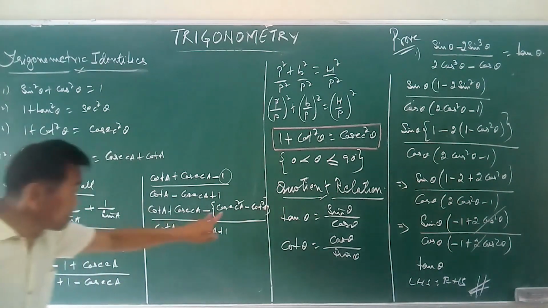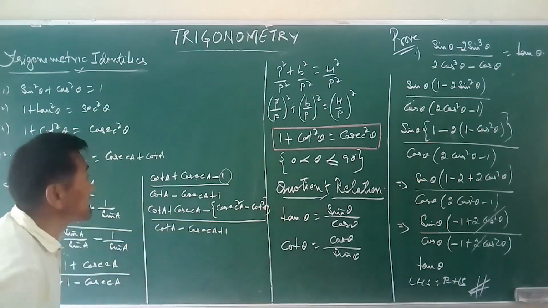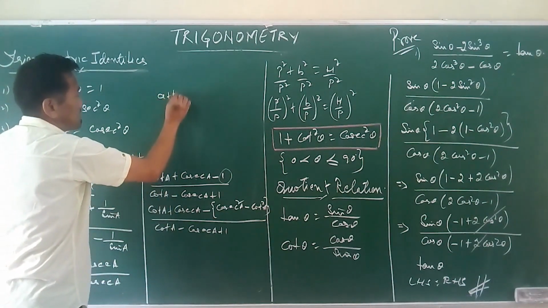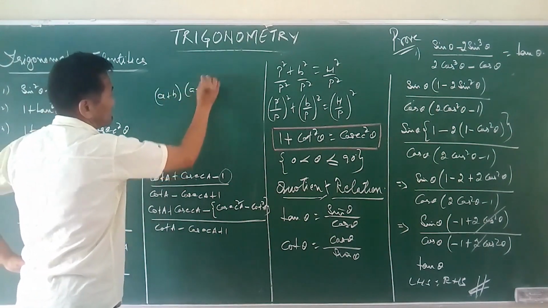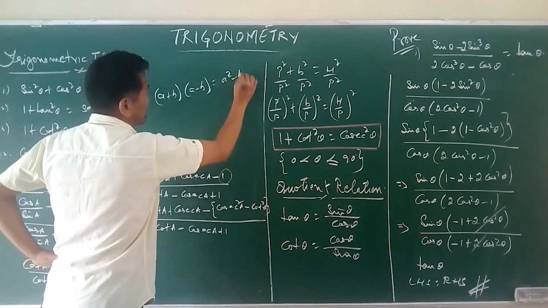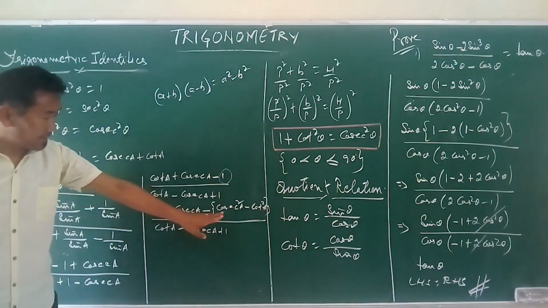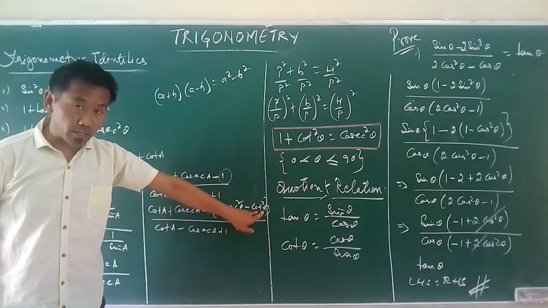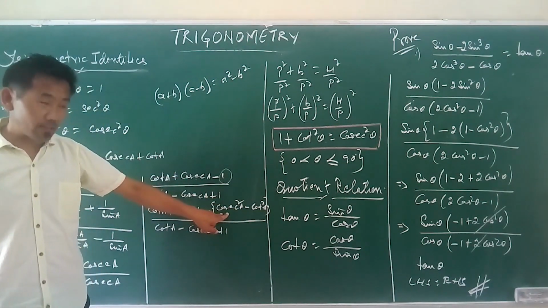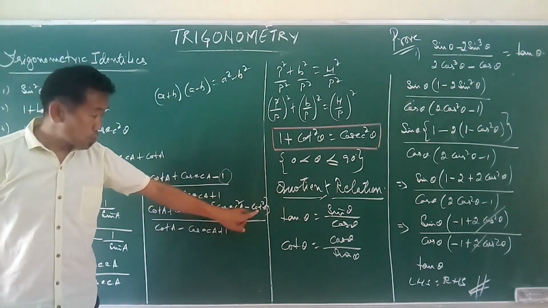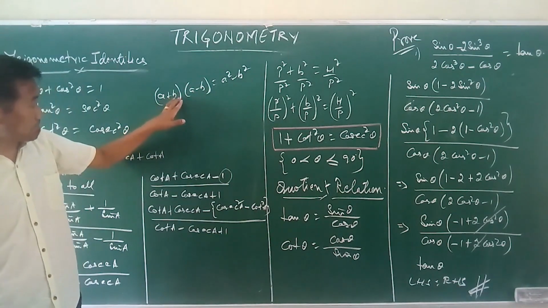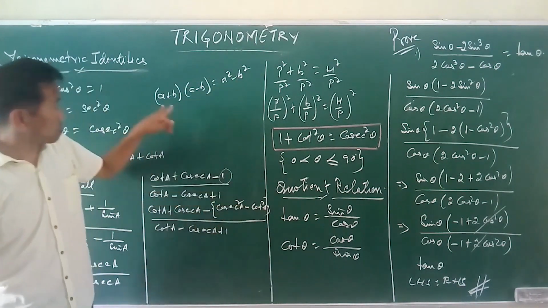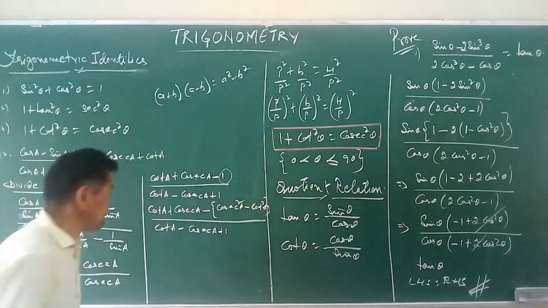Now look at here, we have another important identity: A plus B times A minus B is equal to A squared minus B squared. What is A? Cosec, and B is cot. So A squared minus B squared equals A plus B times A minus B.